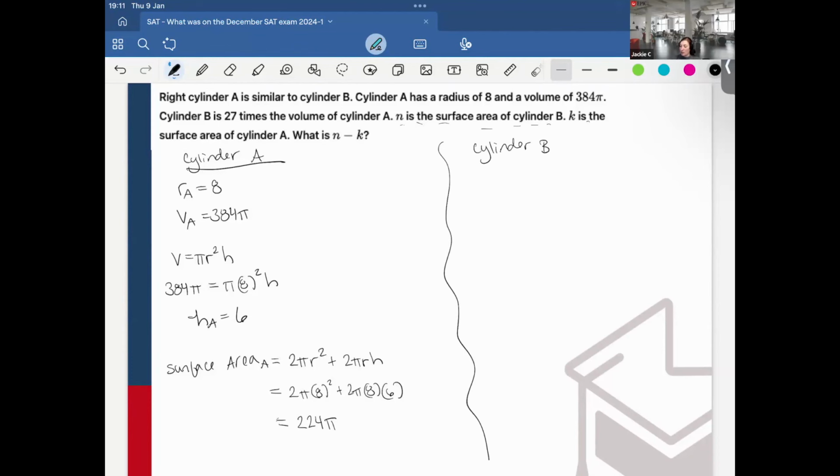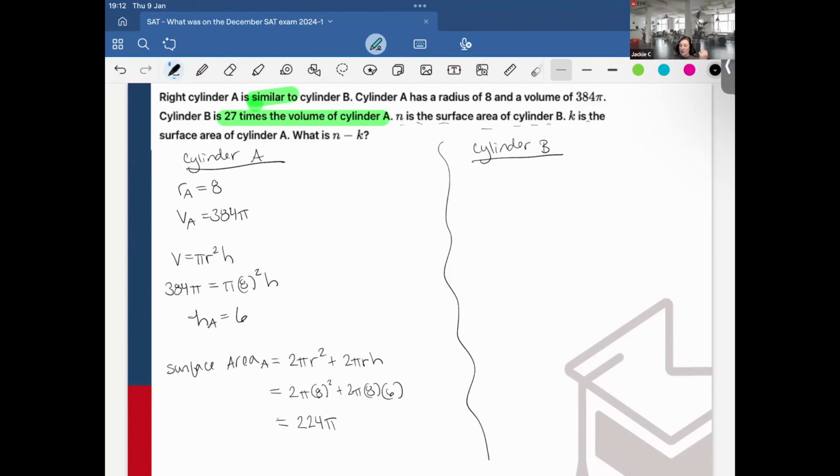Okay, so cylinder B is 27 times the volume of cylinder A. Important, when two cylinders are similar to each other, all the dimensions, so in this case radius and height, are going to change by the same scale factor.